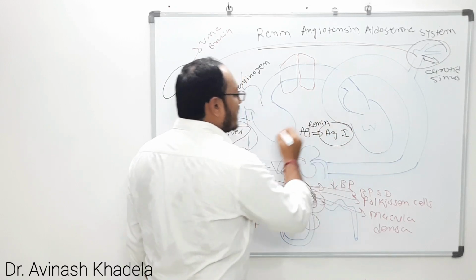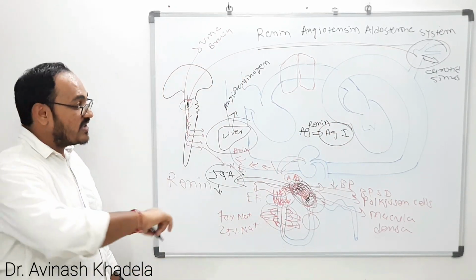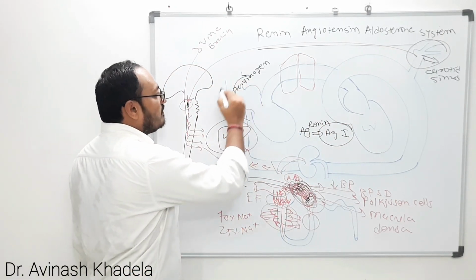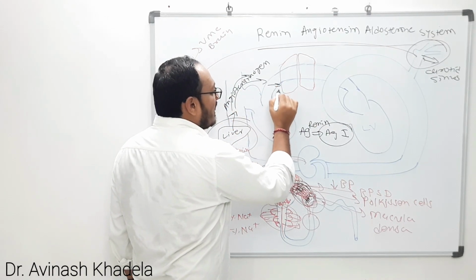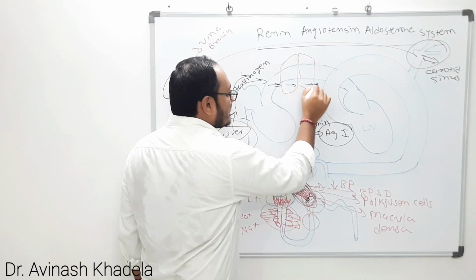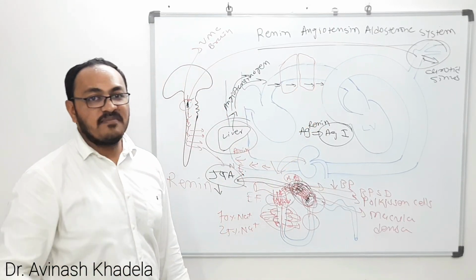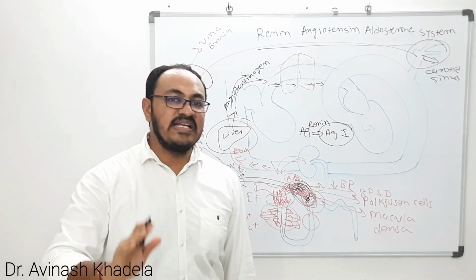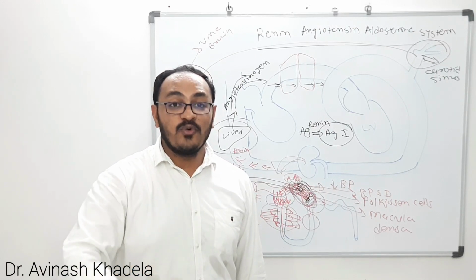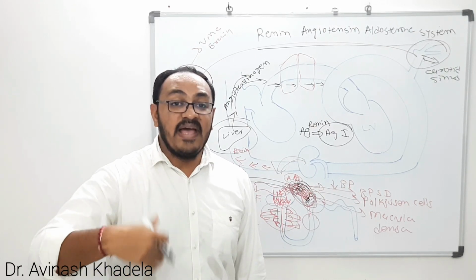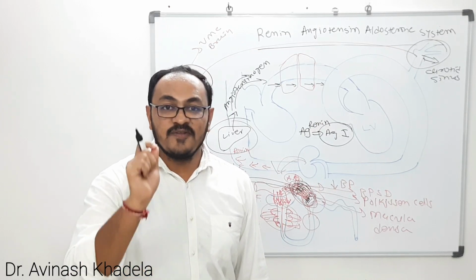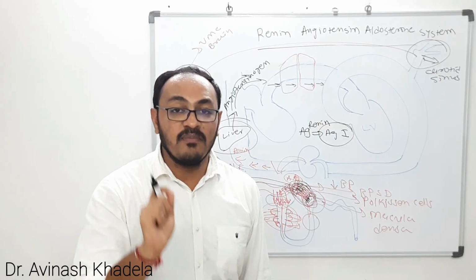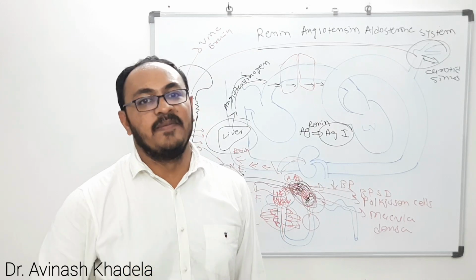Now angiotensin 1 is circulating in the blood. When the angiotensin 1 passes through the lungs, there is one enzyme called angiotensin converting enzyme. If you want to learn where exactly in the lungs angiotensin converting enzyme is present, it is basically present in the pulmonary capillaries endothelium.